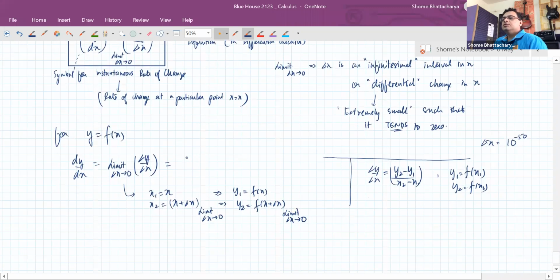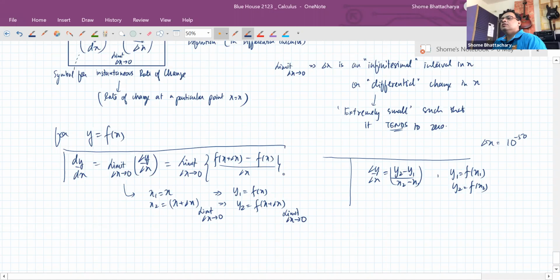So further, this becomes limit delta x tending to 0, f of x plus delta x minus f of x divided by delta x. So this becomes the algebraic definition of instantaneous rate of change. From this, we can see how we define the quantity instantaneous rate of change for the given function algebraically.